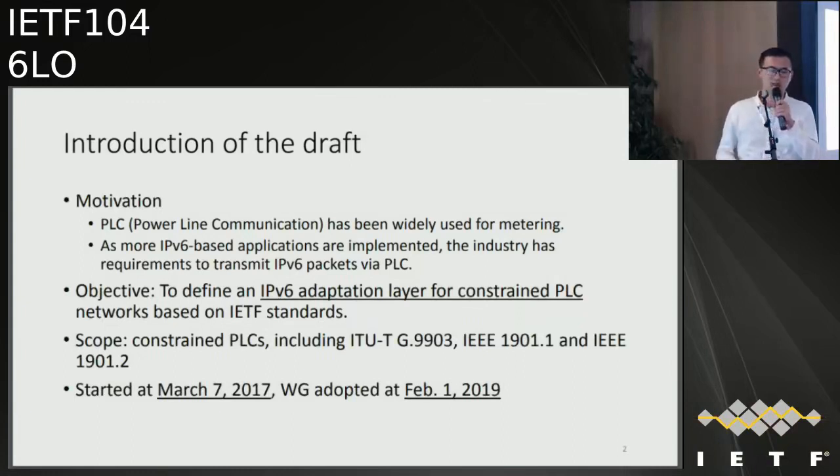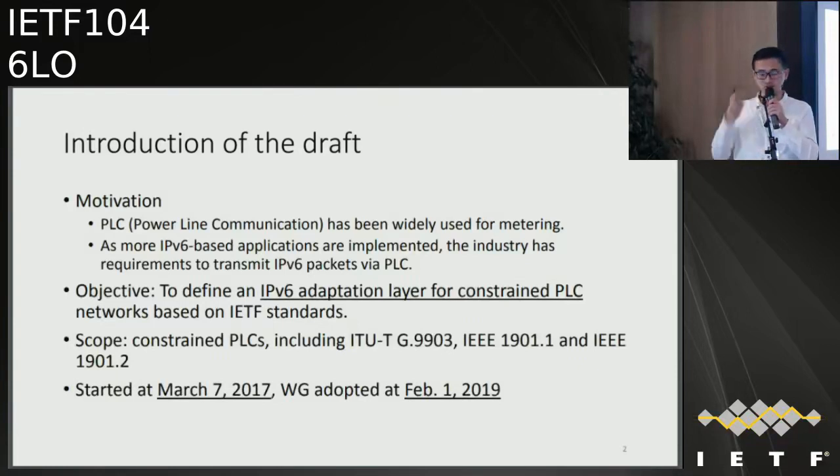What is in the scope is ITU-T G.9903 and IEEE 1901.1 and IEEE 1901.2. This draft started on March 7, 2017, and it was adopted by 6Lo in February.